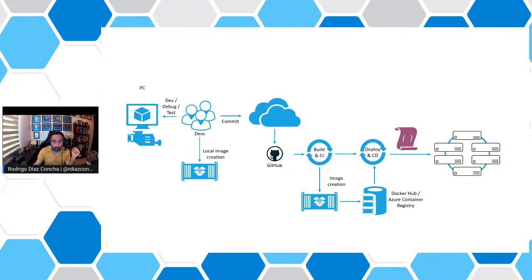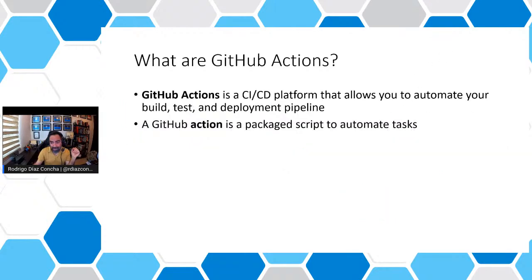Okay, cool. So CI/CD, it's a great topic, right? And we should strive for using those. And GitHub Actions is a technology, it's a platform of this kind of CI/CD pipelines that we can use.